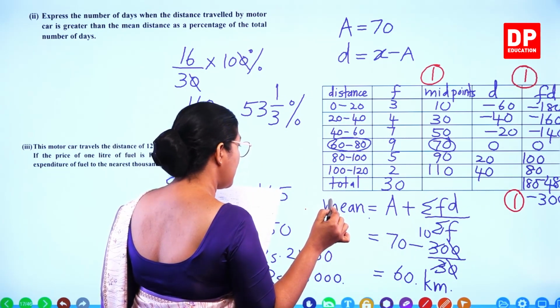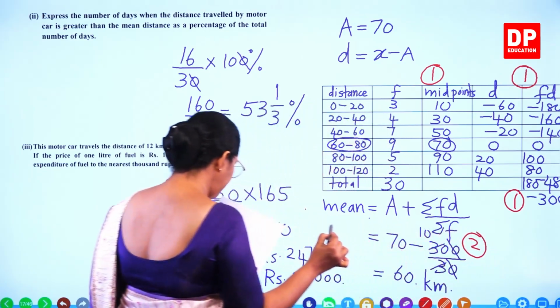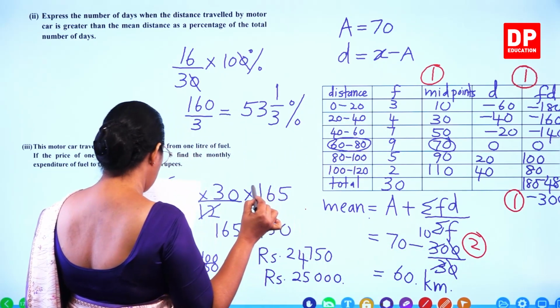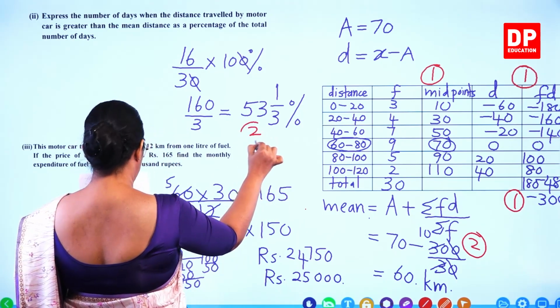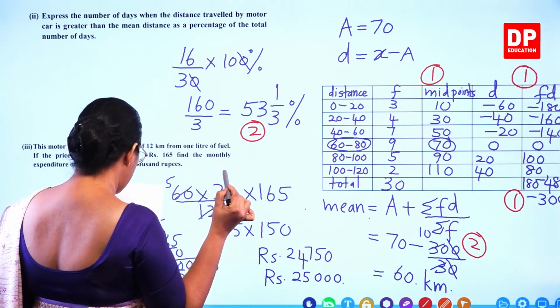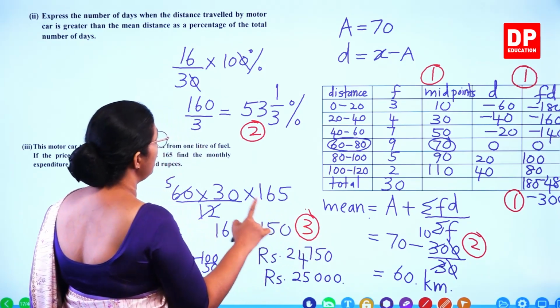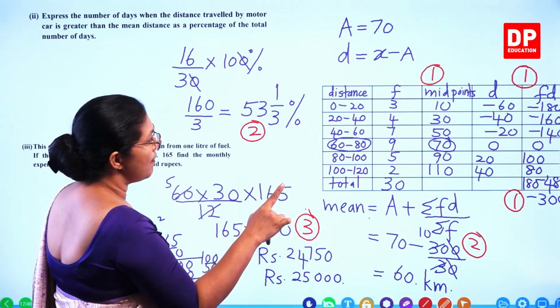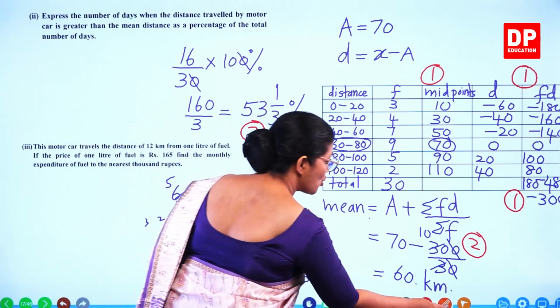And then calculating the mean value, you get 2 marks here. And calculating the percentage, that's 2 marks. And the final part, calculating the expenditure, you get 3 marks. 3, 5, 6, 7, 8, 9, 10. So altogether 10 marks for the whole question.